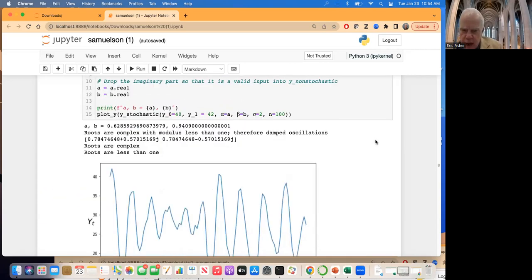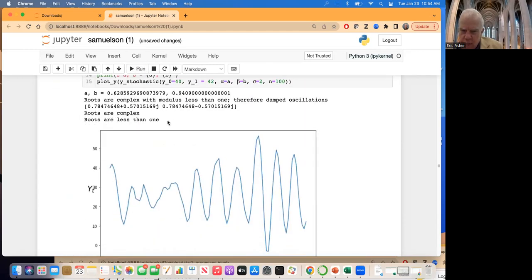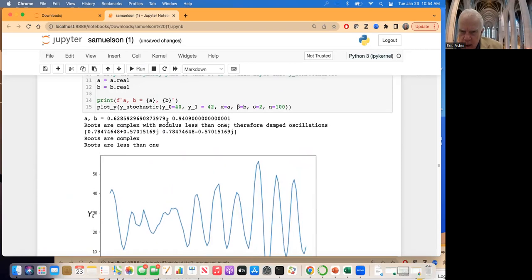So let's do exactly the same thing now when the economy has complex roots. Do you remember the A and B? The roots are complex with modulus less than 1.